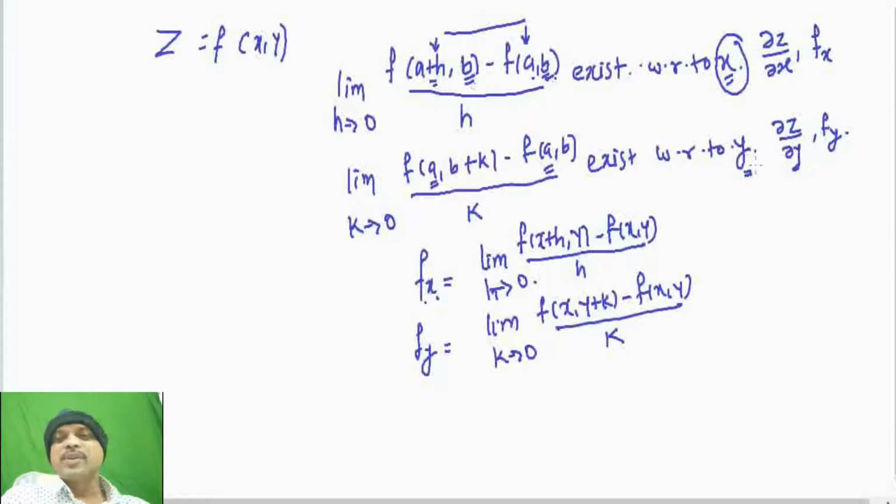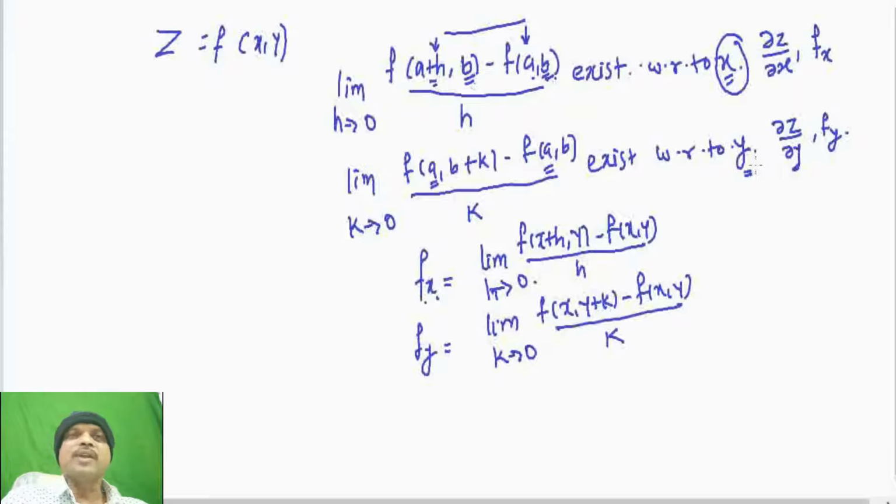The process is very simple. When we calculate the derivative with respect to x, keep y as a constant, and when we calculate the derivative with respect to y, keep x as a constant. It means that when we take the derivative with respect to x, we treat y as a constant term, and the same role the variable y plays here as a constant when finding the derivative.